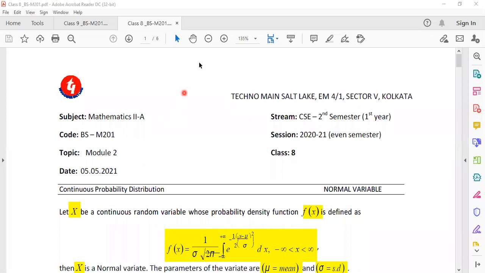Now, first of all, as the note is showing you, let us read the definition of normal random variable as it is written in the note. Let capital X be a continuous random variable whose probability density function f(x) is defined as follows. If you can recall, I told you that probability functions are named in two different ways, just to distinguish between the two types.